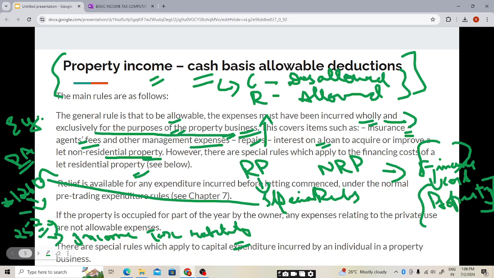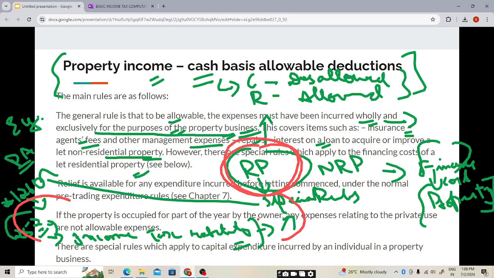Clear? With this we have already dealt with chapter number 2. The same type of tax relief applies to the residential property. The PA tax relief rule applies the same to the residential property. We'll be further covering it in our next slide.